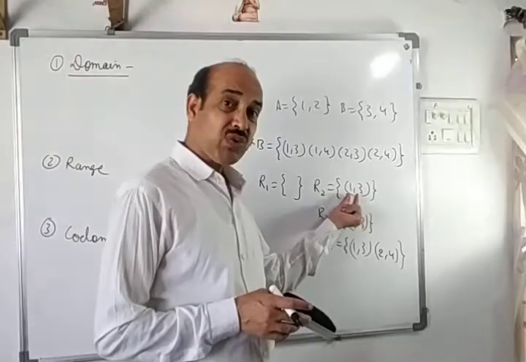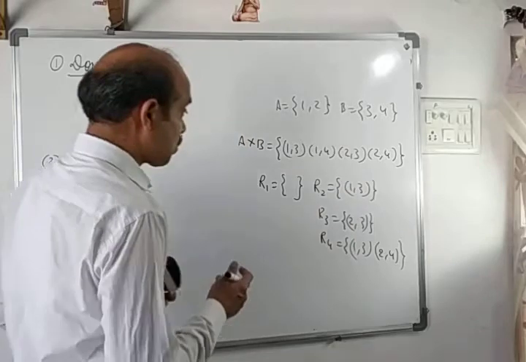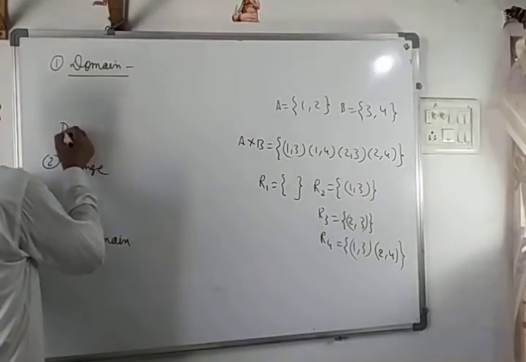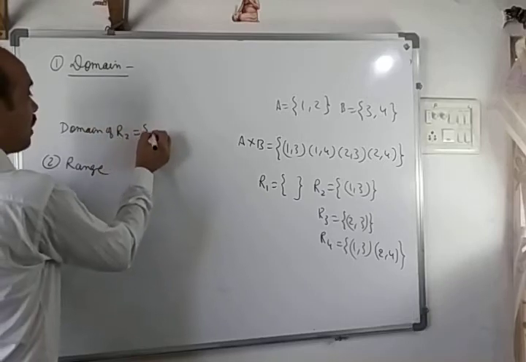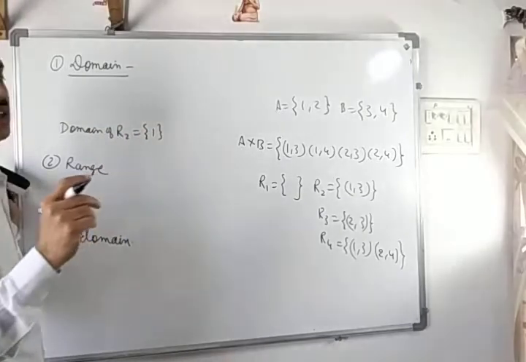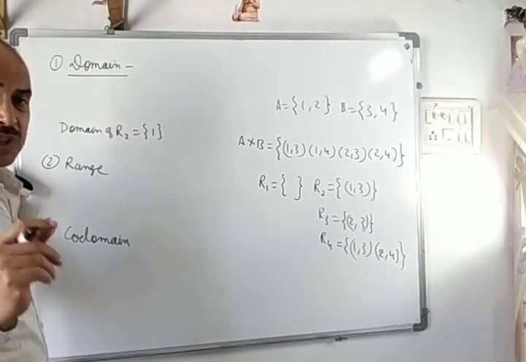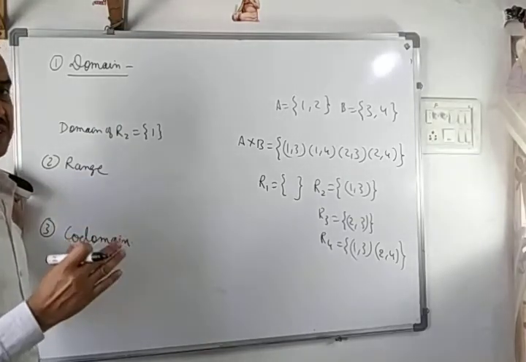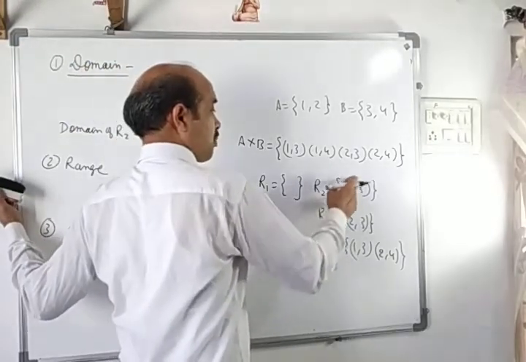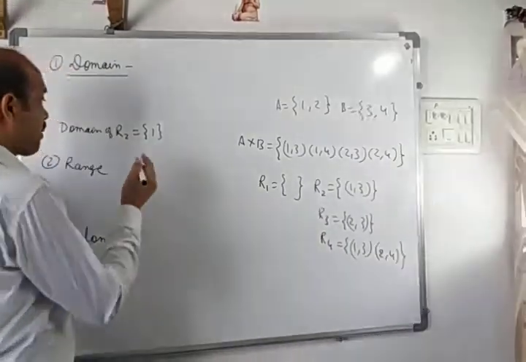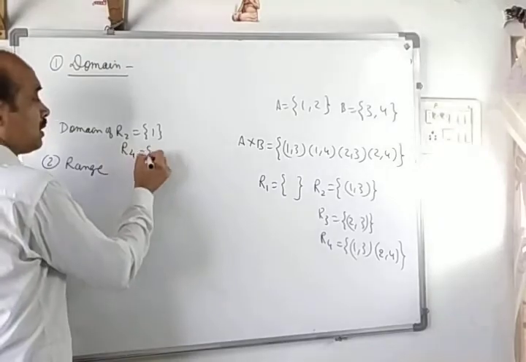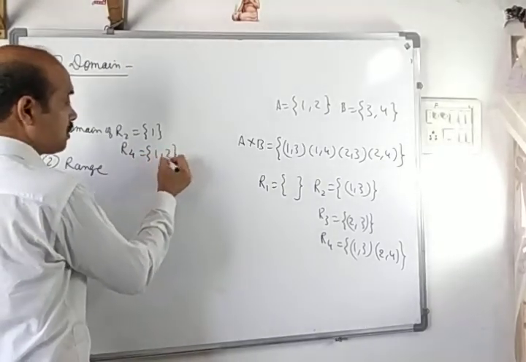What is its first element? 1. So domain of R2 will be only {1}. A set having all elements which are at first place in the ordered pairs present in the relation. What about R4? It will have 1 and 2.